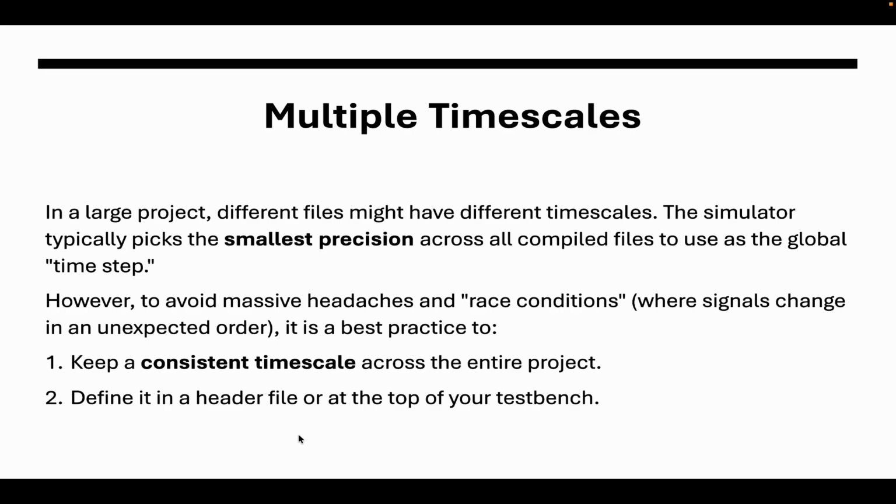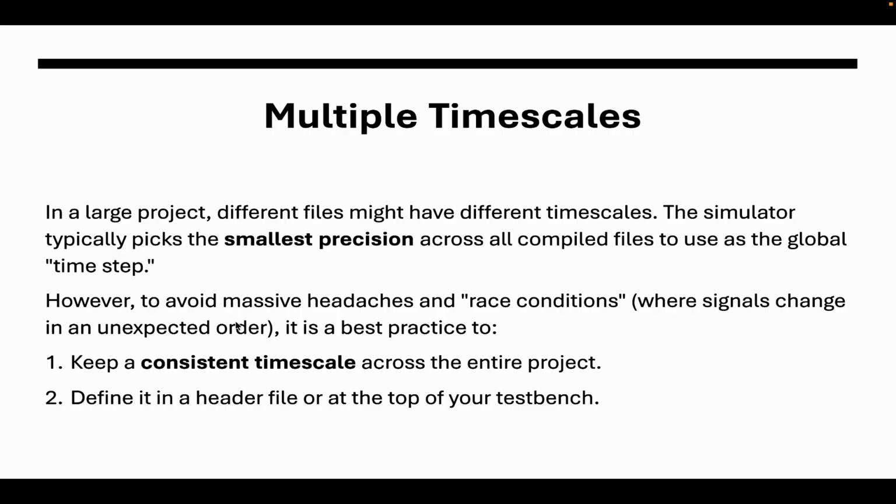Multiple timescales. This is very important when we are handling bigger projects. Most of us tend to use different timescales. This can be a bit tricky. If you miss it, you will get a lot of clock errors. In a large project, different files might have different timescales. The simulator typically picks the smallest precision across all compiled files to use as the global time step.